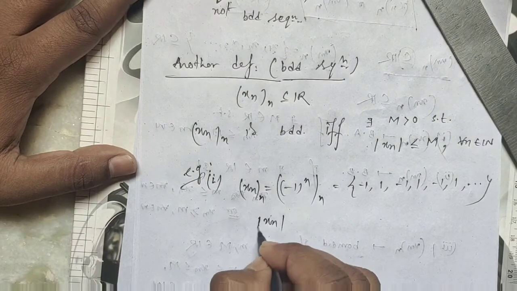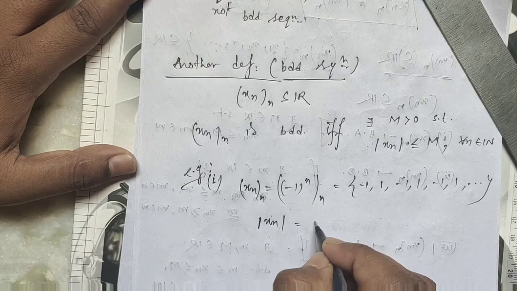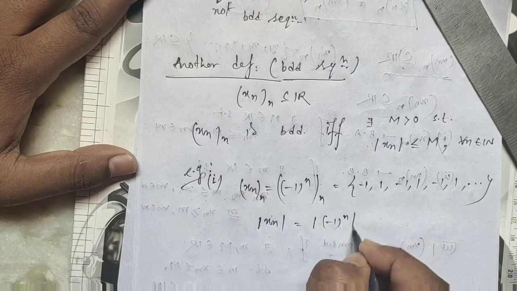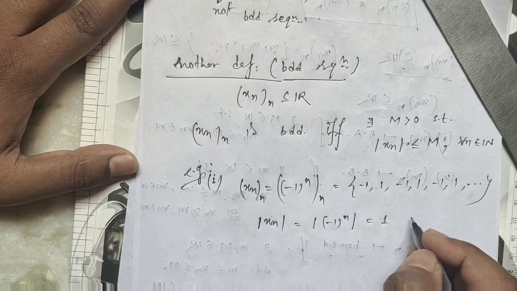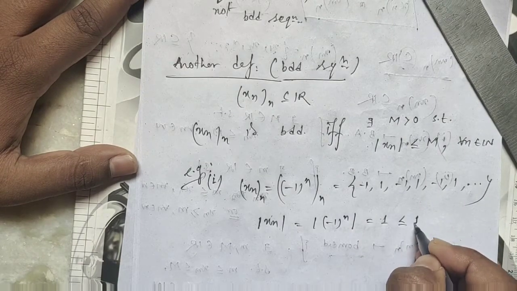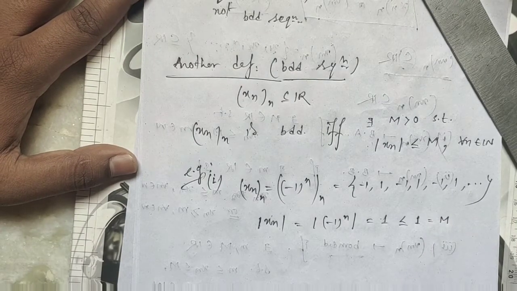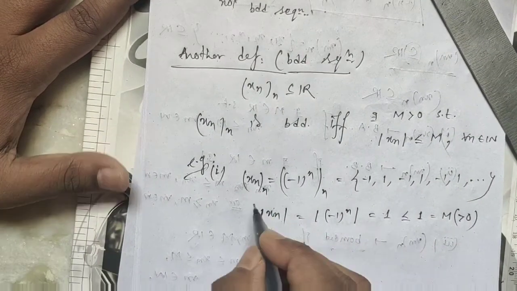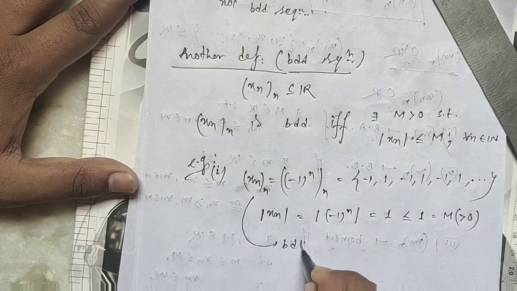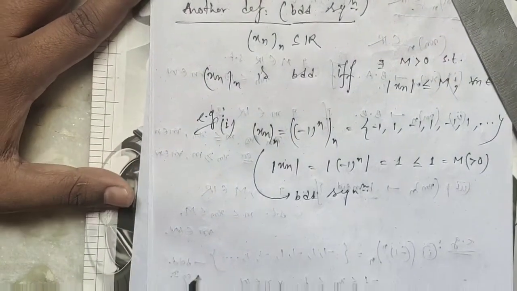Then mod of xn is equal to mod of minus 1 whole to the power n, which is equal to 1. This is less than or equal to 1, taking m as 1 which is greater than 0. So this is a bounded sequence.